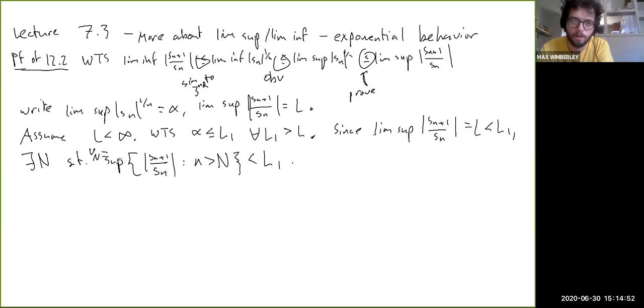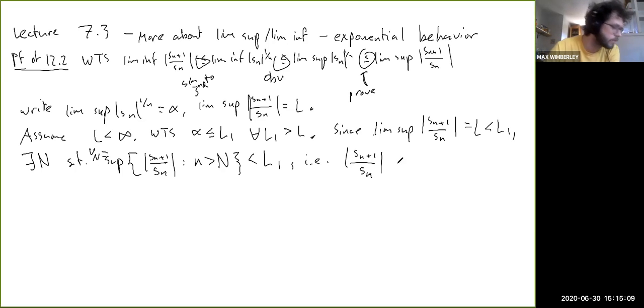That's all we're saying here. So that means that for this value of n, the absolute value of Sn plus 1 over Sn is less than L1, because this is less than L1 for all n greater than capital N, right?